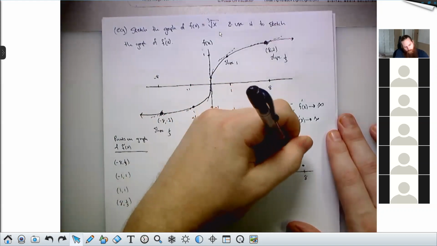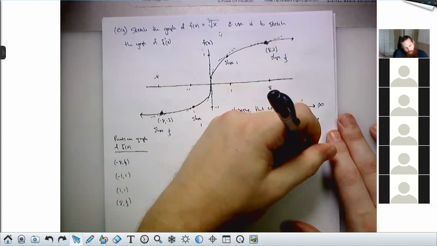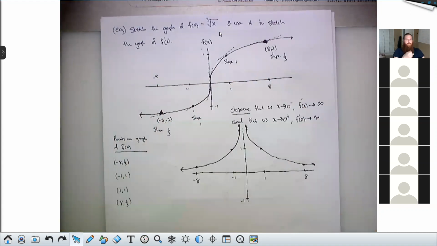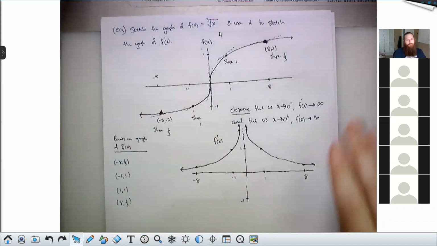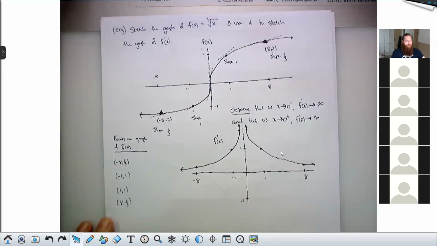And again, these don't have to be perfect works of art. We're beginning by making guesses anyway. But the important thing is that the shape is correct. That you've got asymptotes and intercepts where they belong, and that the shape is correct. That's the big thing here.